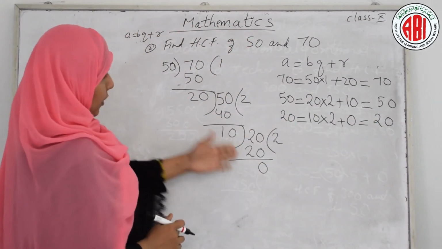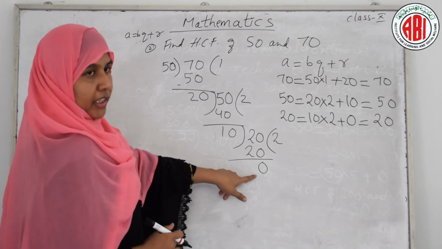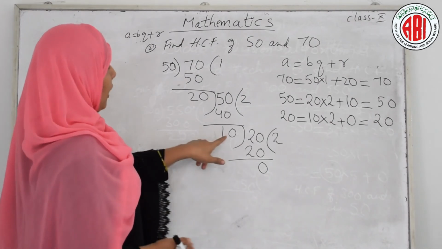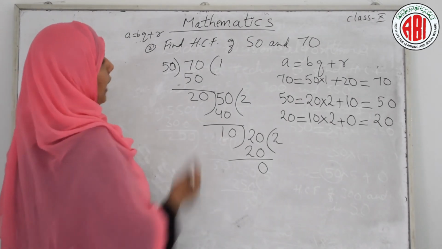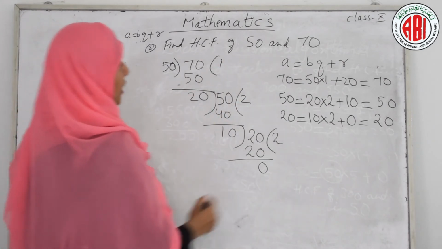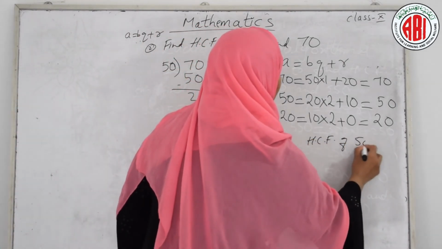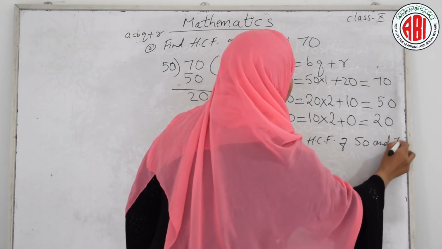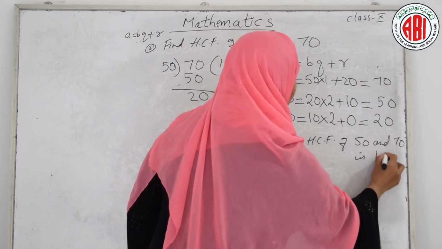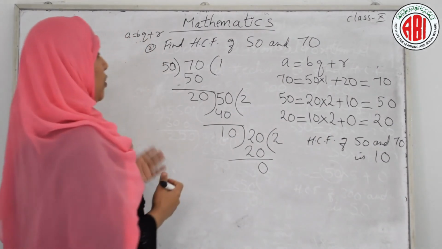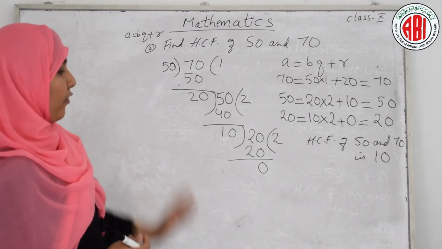That means after this division method we are getting remainder 0, we will stop here. The HCF is 10. HCF of 50 and 70 is 10. So this is the division method to find HCF.